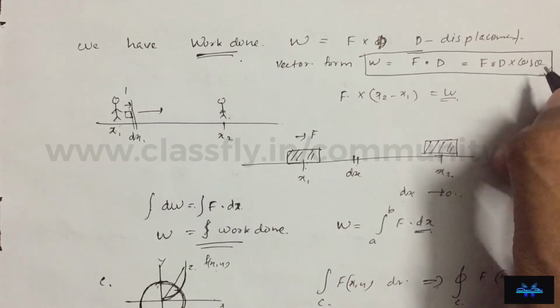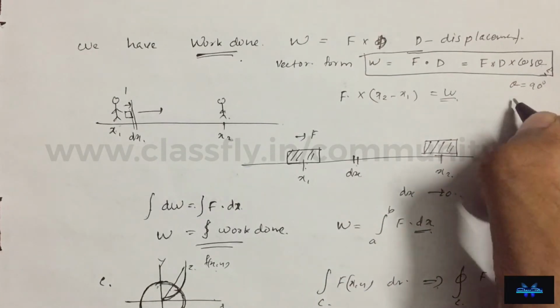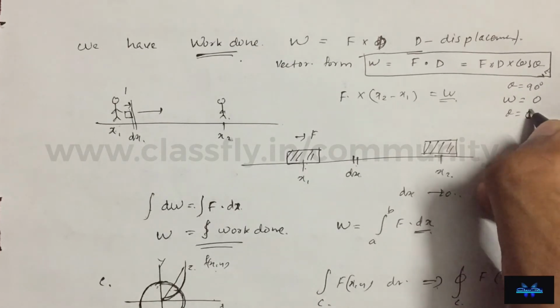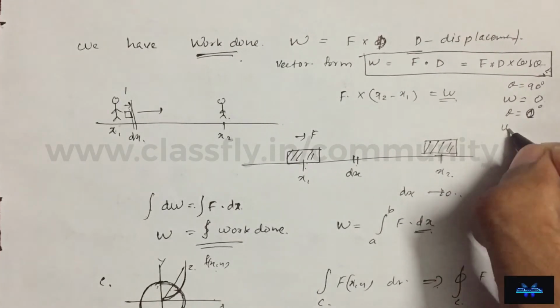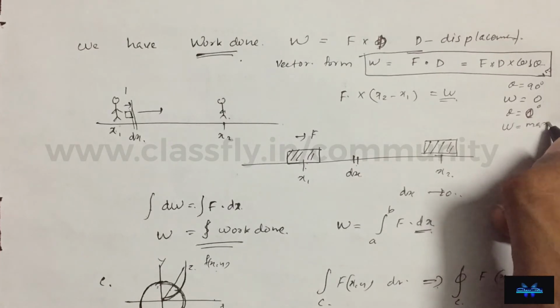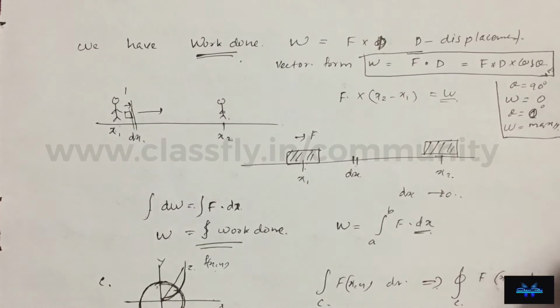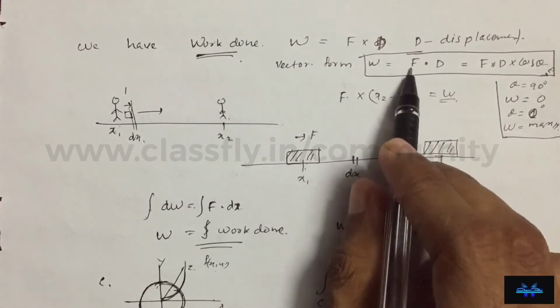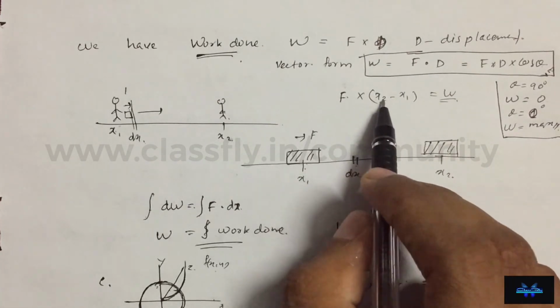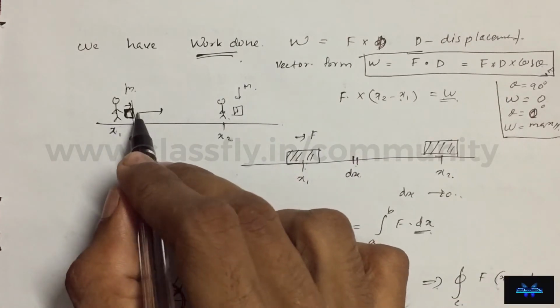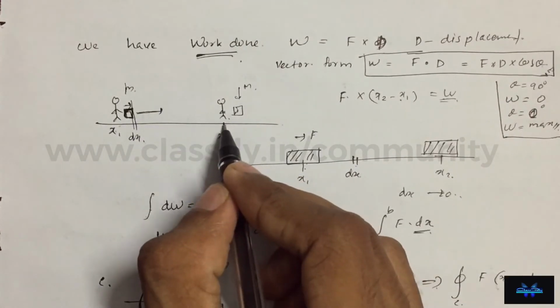If theta is equal to 90 degrees, work done is equal to 0. If theta is equal to 0 degrees, then work done is maximum. This is the basic concept. So force into displacement, which is F into x2 minus x1, is the work done. Okay, I am pushing this one until it gets to some point x2.